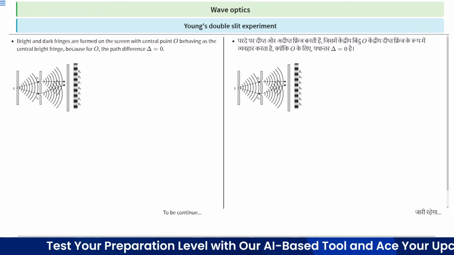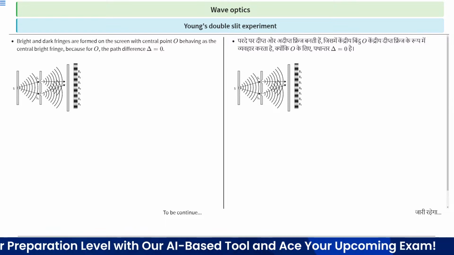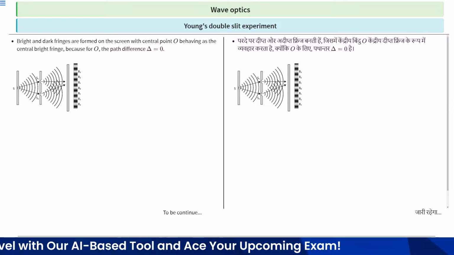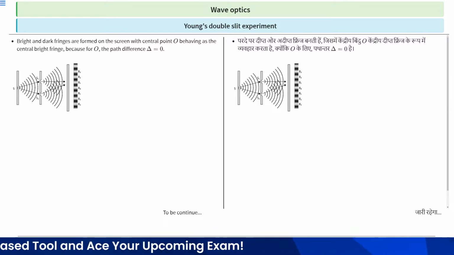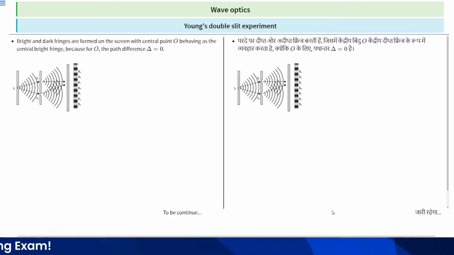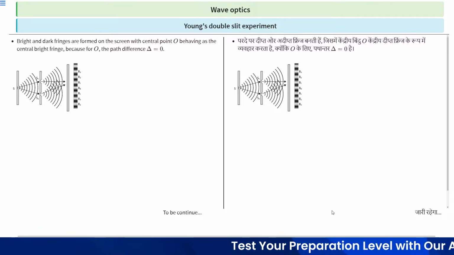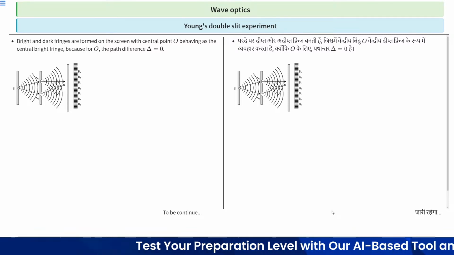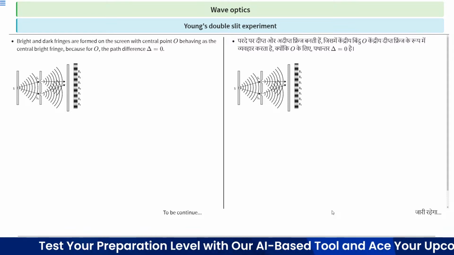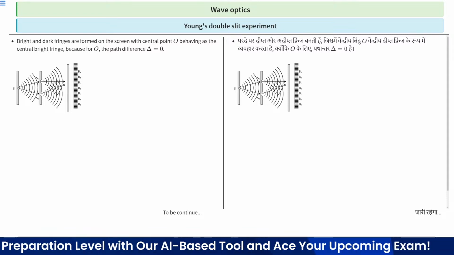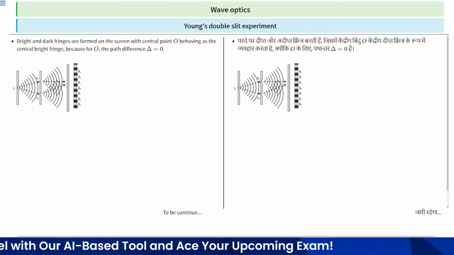For O the path difference delta is 0. So the path difference from S1 to the central point, and similarly S2 to the central point, is 0. The main point is this: when both waves S1 and S2 meet at the central point, the path difference should be 0.